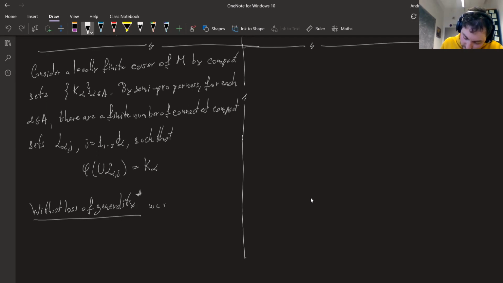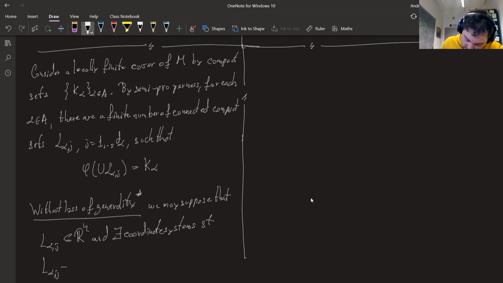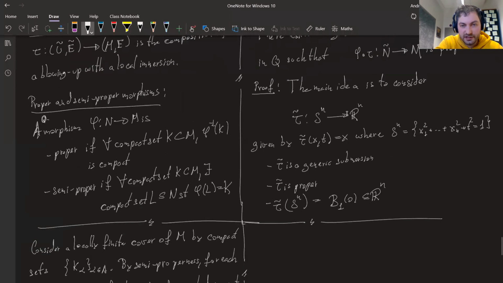We may suppose that L alpha j is contained in some Rn, and there exist coordinate systems such that the L alpha j's are equal to balls of radius 1. So if you have this case, then for each one of these alpha j's, we're going to compose with this map here.